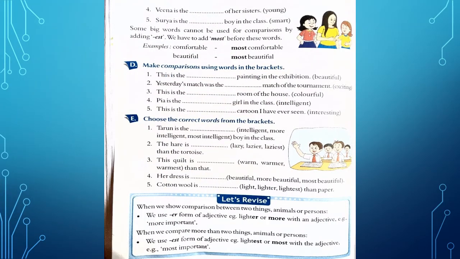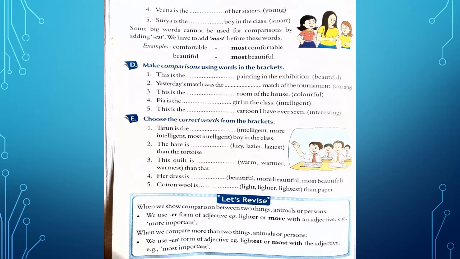Students, as we have read that some big words can't be used for comparison by er, likewise they can't be used for comparison by using est. As we had to add more before them in exercise B, now we have to add most before them in exercise D. Like comfortable, most comfortable, beautiful, most beautiful, and many more.